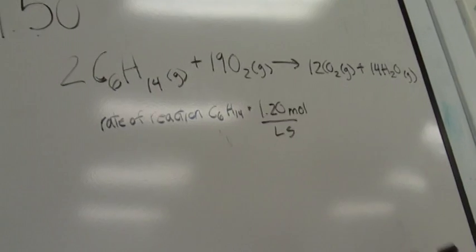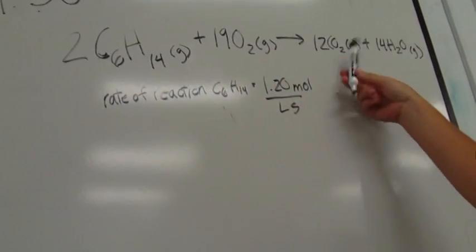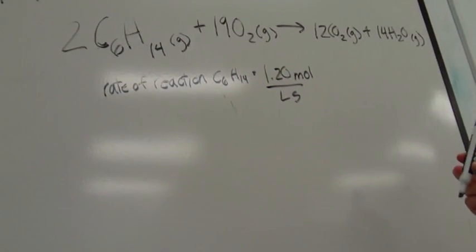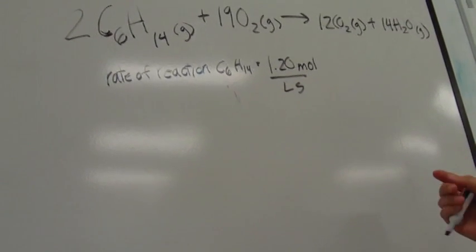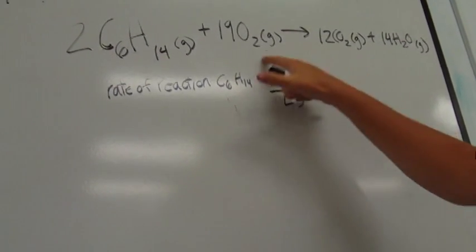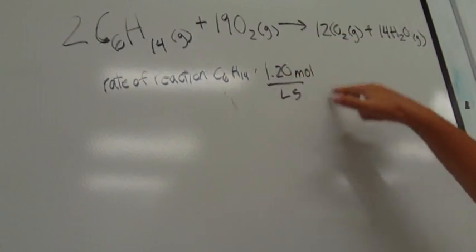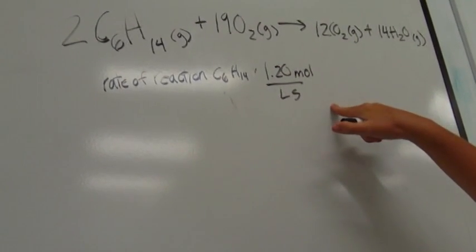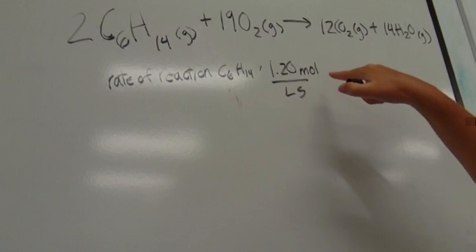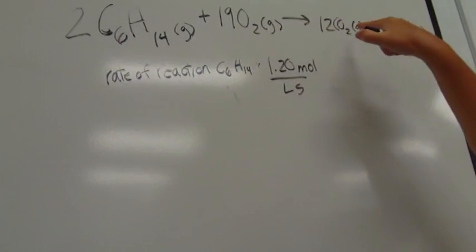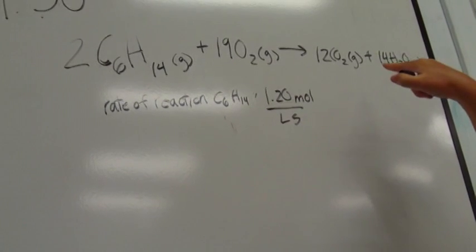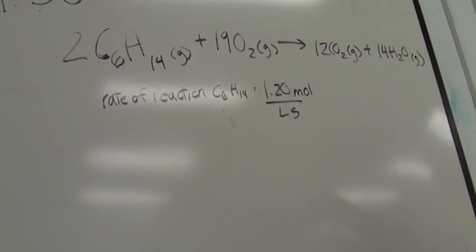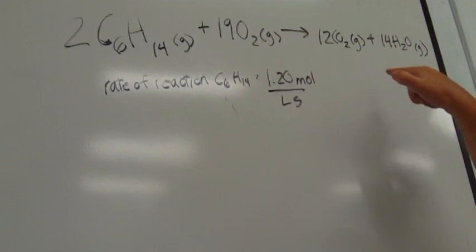And they want to know what the rate of the reaction for the oxygen, for the carbon dioxide, and for H2O. And so the key to this is we're going to use the rate of reaction for hexane, and we're going to be able to find the rate of reaction for oxygen, rate of formation for carbon dioxide, and rate of formation for H2O just by using the mole-to-mole ratio in the balanced equation.